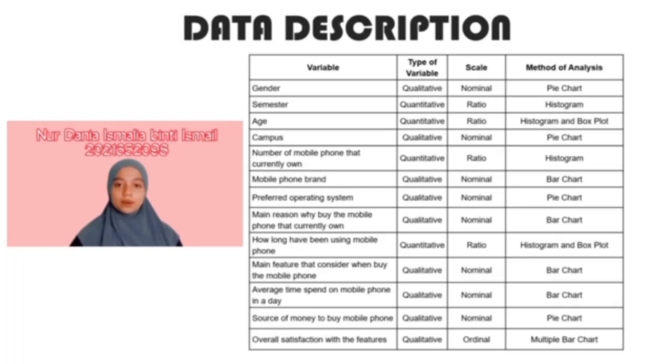Average time spent on mobile phone in a day. Type, quantitative, scale, nominal, method, bar chart. Source of money to buy mobile phone. Type, qualitative, scale, nominal, method, pie chart. Overall satisfaction with the feature: type, qualitative, scale, ordinal, method, multiple bar chart.